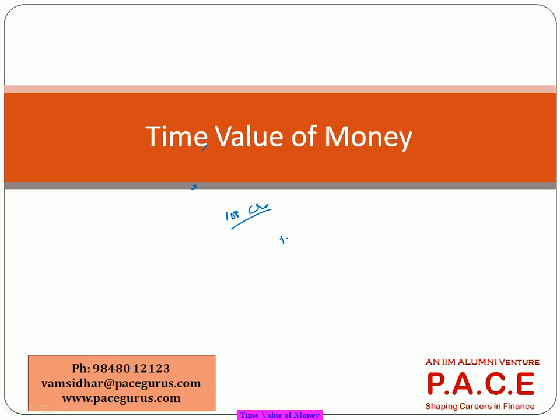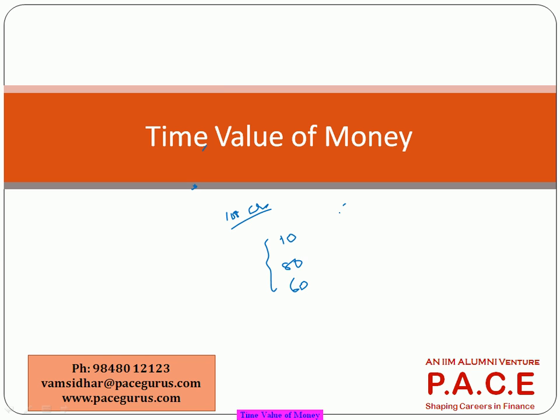In one, I'm expecting that I will get 10 crores in the first year, 80 crores in the second year, and 60 crores in the third year. It's a 3-year investment where I'm putting 100 crores today, but I'll get money in this order. After the end of the first year, I'm expecting 10 crores, in the second year 80, third year 60.